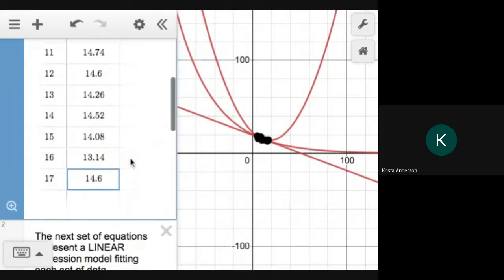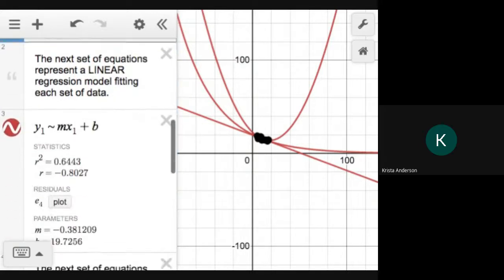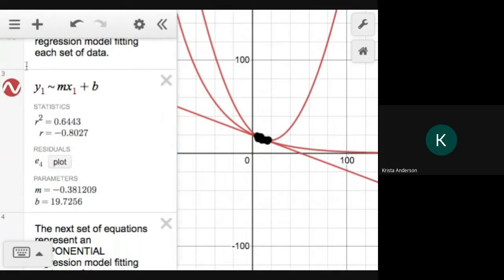Once I have entered in that table, I'm just going to scroll down and look for which piece from this table. I'm looking for the R, so I can just copy down. R is negative 0.8027.